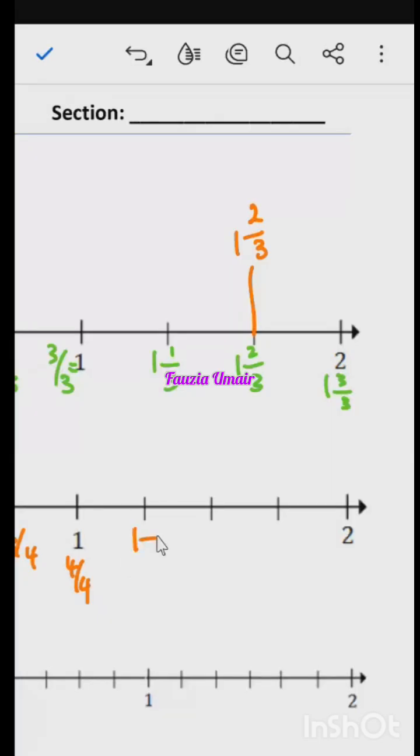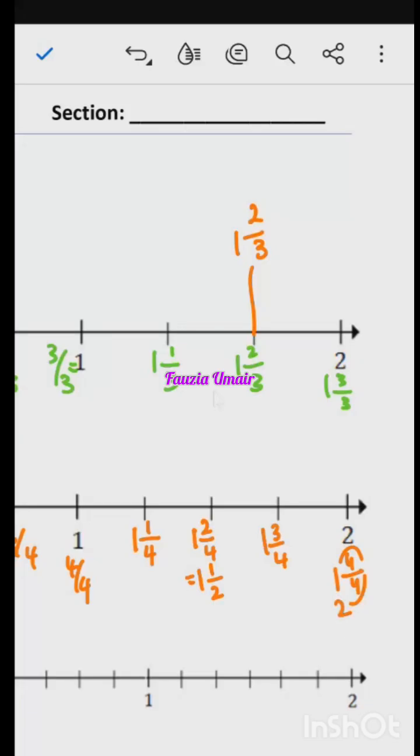This is 1 1/4. 1 is already there and this is 1/4, this first part. So this is 1 1/4. This is 1 2/4. So 1 2/4 is basically 1 1/2. Okay? These are equivalent forms. This is 1 3/4. And definitely this is 1 4/4. This 4/4 is 1. So it is 2 in total.